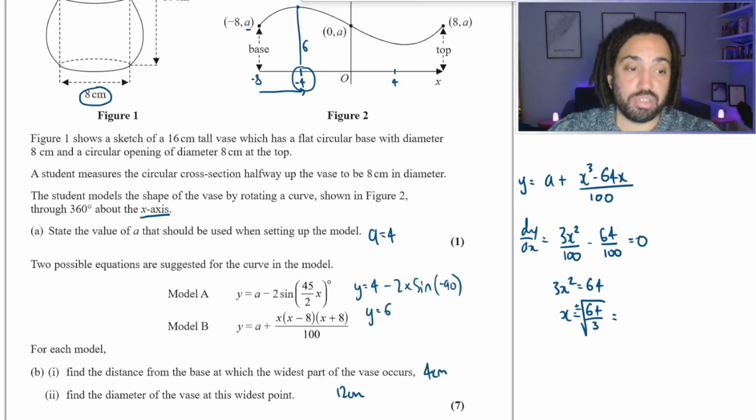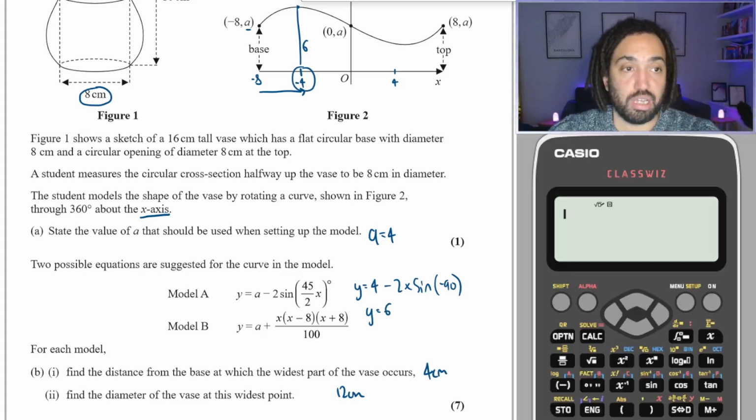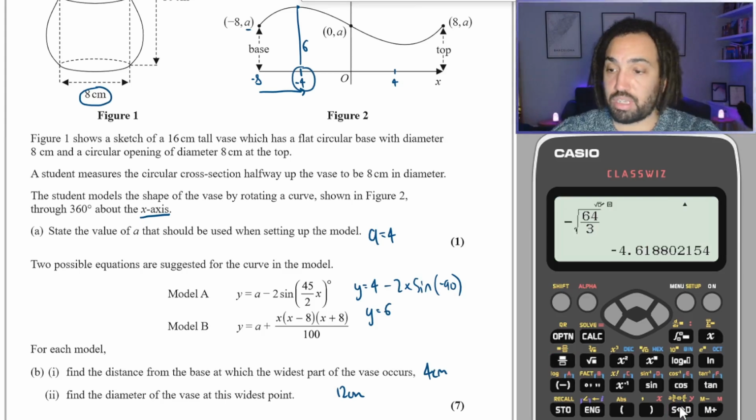The one I'm interested in is the negative one, because that's going to give me the maximum point, because it's on the left-hand side. So I'm looking at minus the square root of 64 over 3, and that gives me this value here, minus 4.6188.